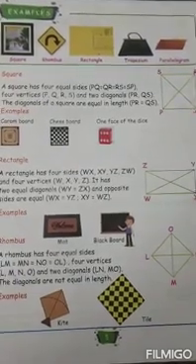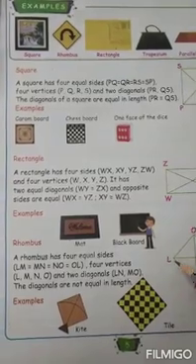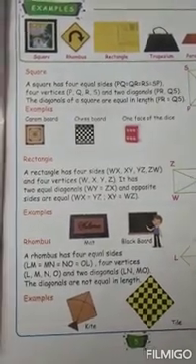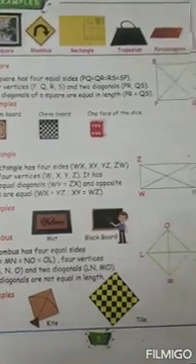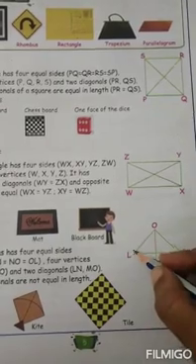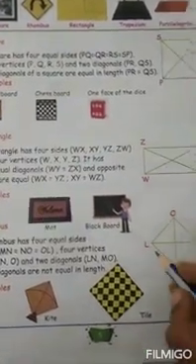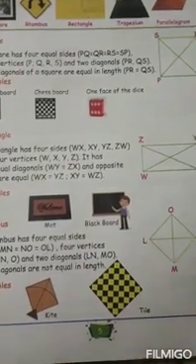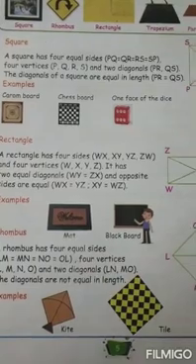Then rhombus. A rhombus has 4 equal sides. Here also 4 equal sides. L, M, N, O, L. All the sides will be equal and it has 4 vertices. L, M, N, O. And 2 diagonals it has.